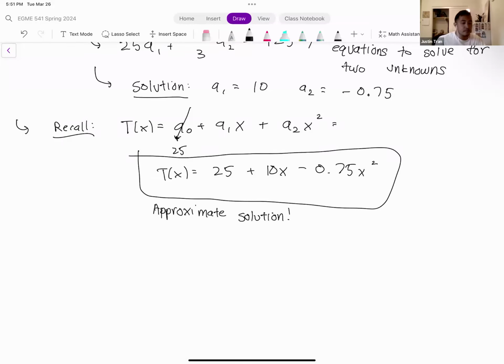Remember, when we set about doing this, we weren't looking for the exact solution, right? This is not a strong form problem. What we're looking for is the best quadratic function that could get as close as possible to solving our boundary value problem.